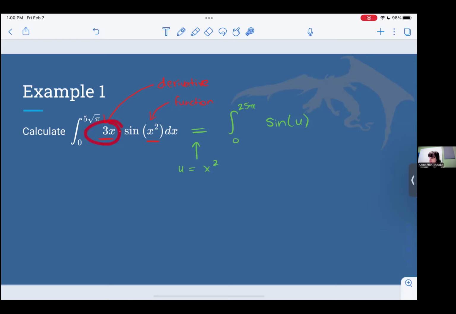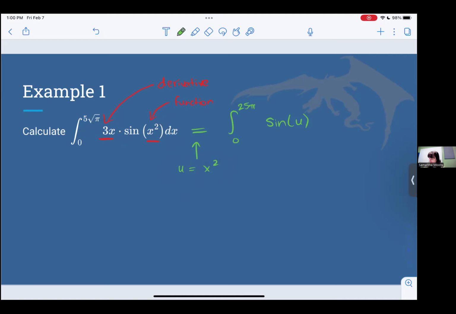The other issue is I need to rewrite this 3x dx in terms of u's. The way to do that is to come back to the definition of u, which is x squared. I take the derivative with respect to u on the left side and tack on a du, and on the right-hand side I take a derivative with respect to x and tack on dx.